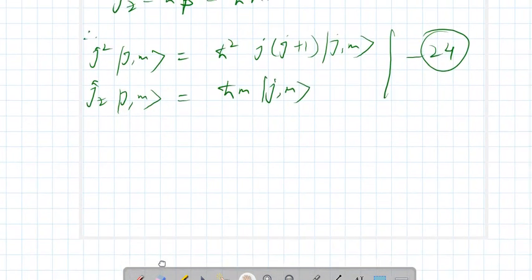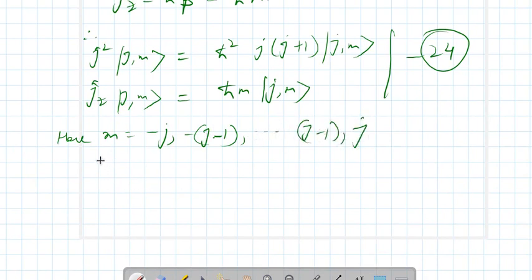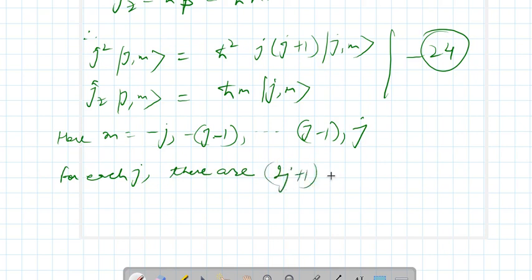Here the possible values of m are minus j, minus j plus 1, and so on, j minus 1, up to j, and that means for each j there are 2j plus 1 values of m.